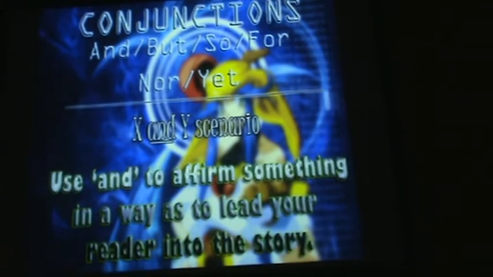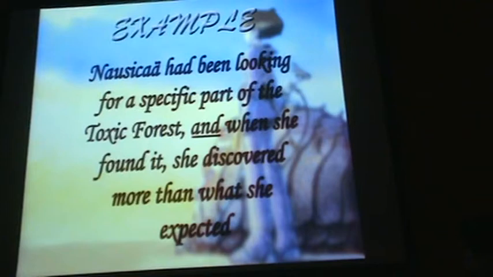More conjunctions. I love these things. The X and Y scenario. You're going to use and to affirm something in a way as to lead your reader into the story. So an example of that is: "Nausicaa had been looking for a specific part of the toxic forest, and when she found it, she discovered more than what she expected."